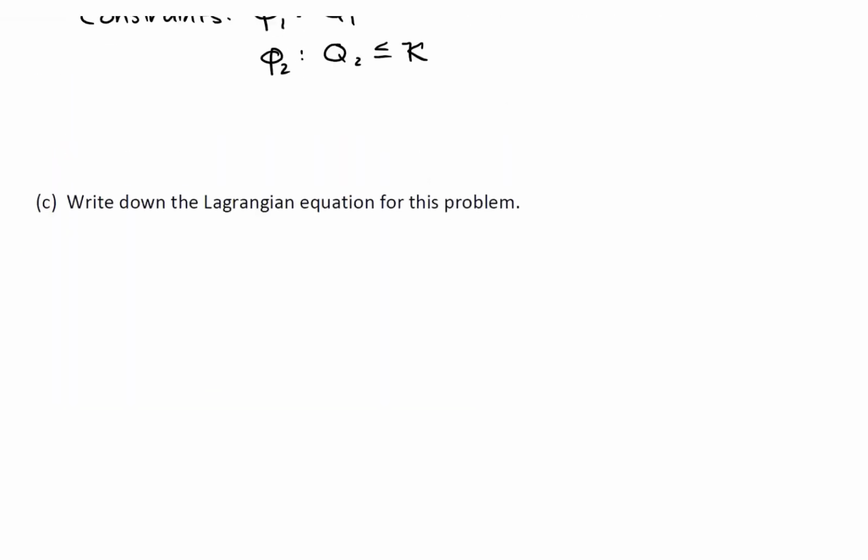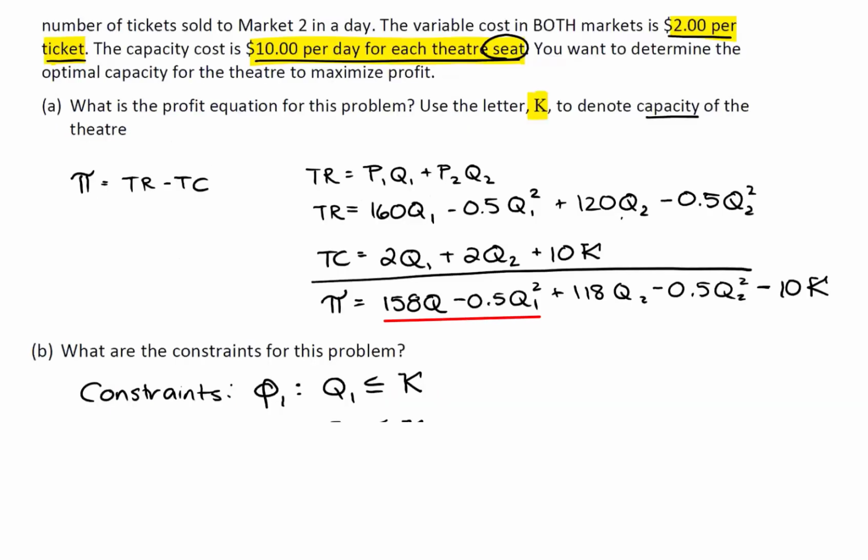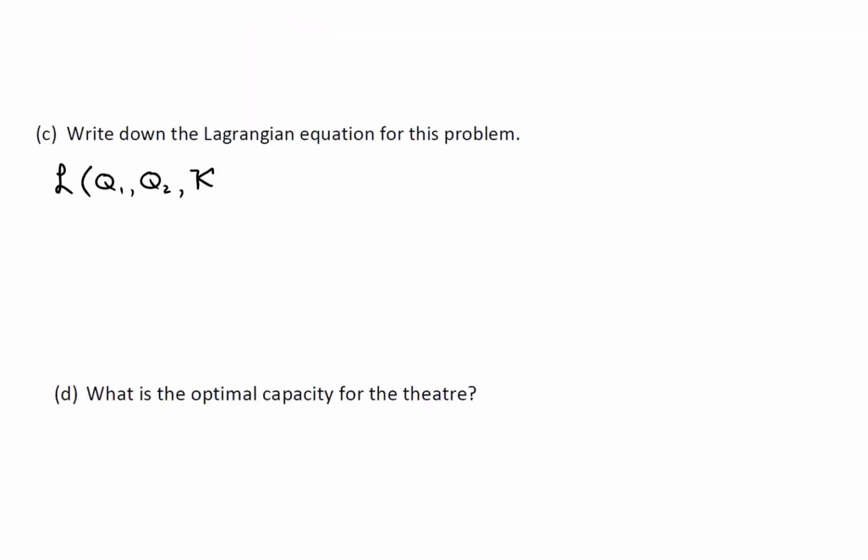Okay, now we're going to write down the Lagrangian equation for this problem. Whenever we do our problem, we set up our Lagrange equation. This is going to be a function of Q1, Q2, and kappa, our capacity, just as our profit is. Our Lagrange equation is also going to be a function of our two constraints, so we're going to add lambda 1 and lambda 2 here.